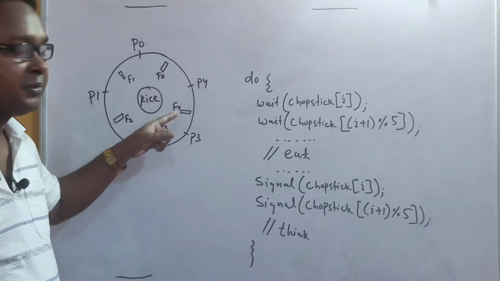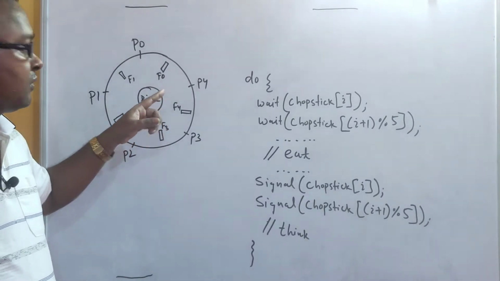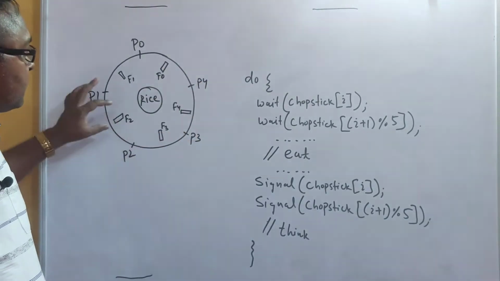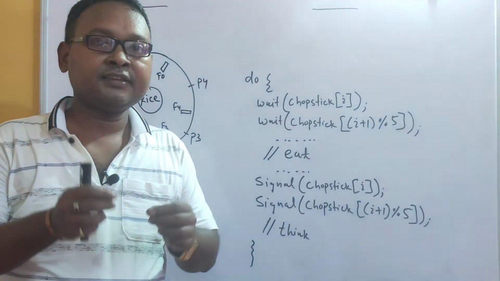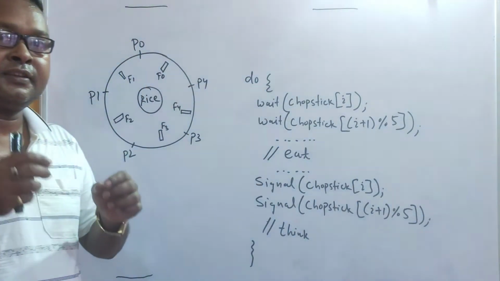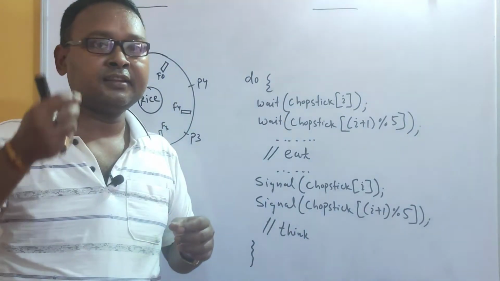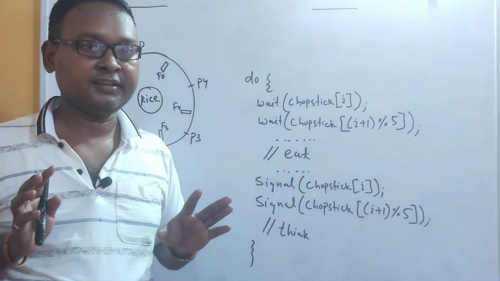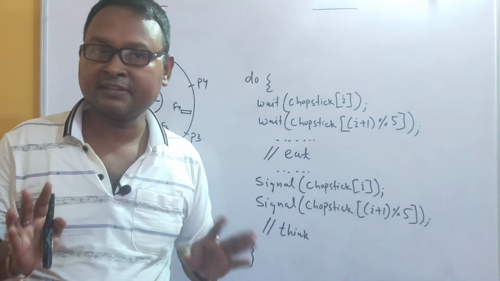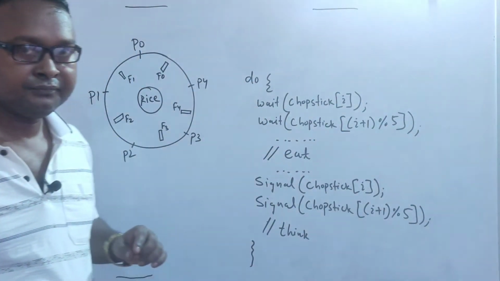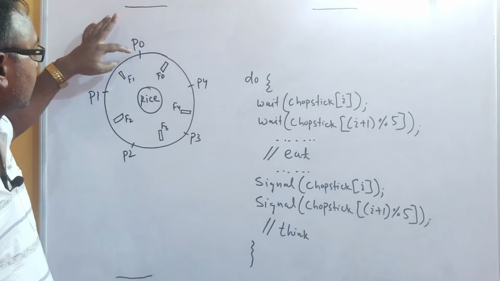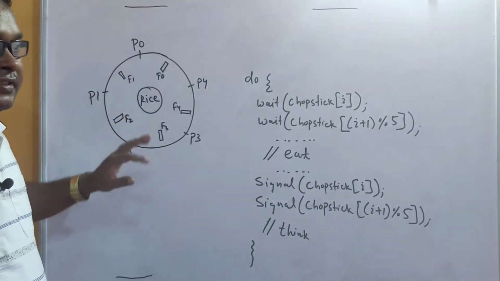So 10 forks would be required, so that each philosopher gets 2 forks, can access the chopsticks, eat the rice easily, and quench their hunger, right? But here only 5 forks are there.